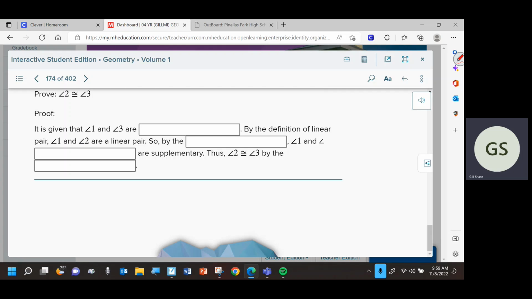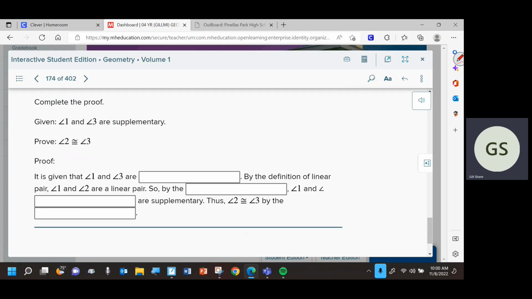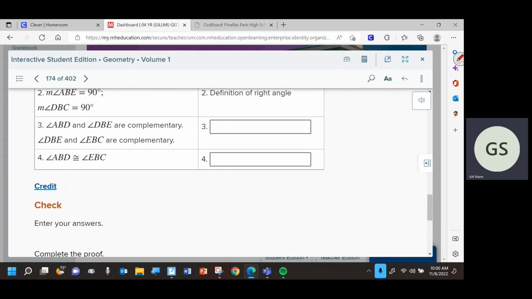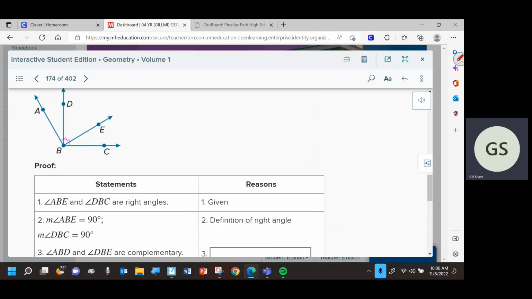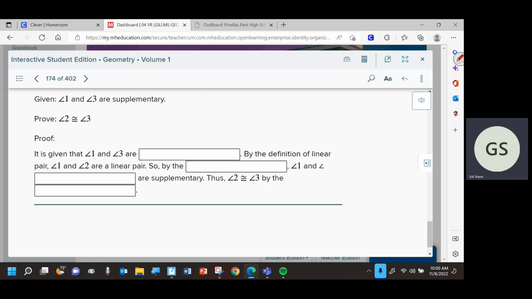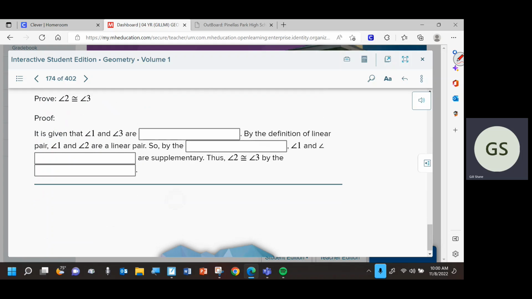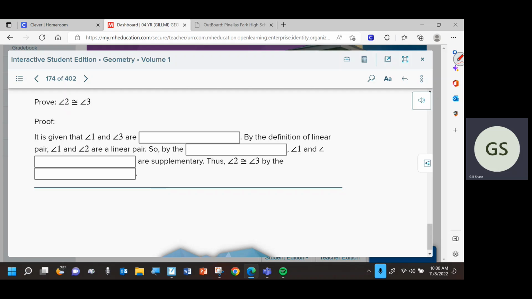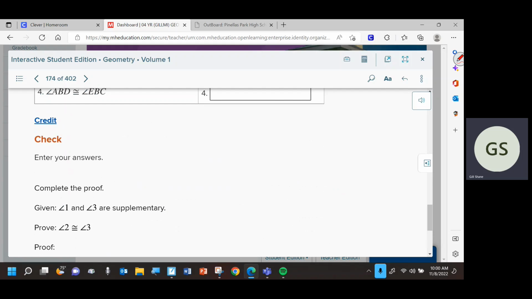It's not letting me zoom or scroll left or right or anything. That's weird. Go to the next page. It shouldn't be on another page though, because the pages match up. It's got to be on 174. These pages should always match up with your book, and I see it's on your book page.